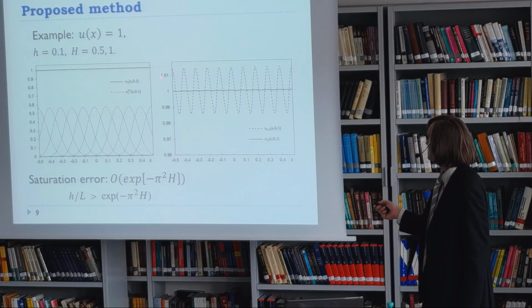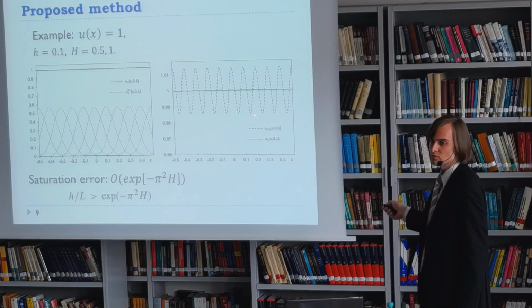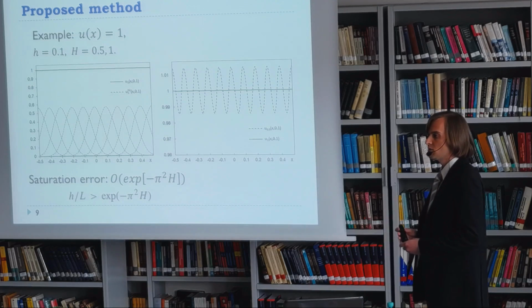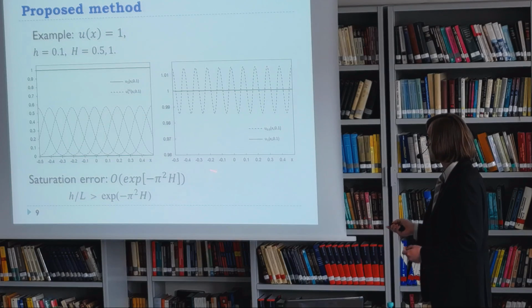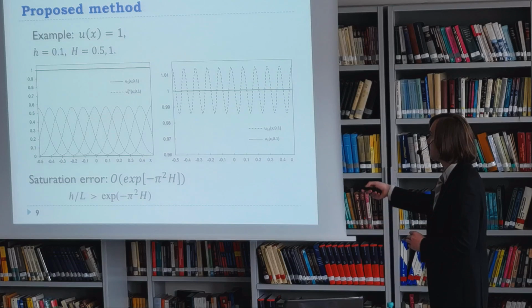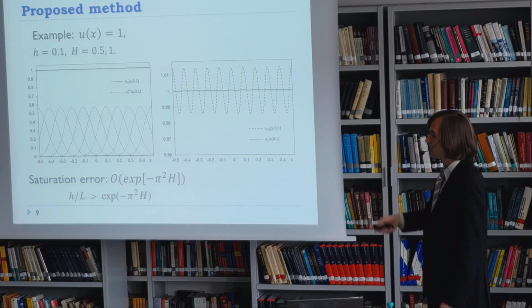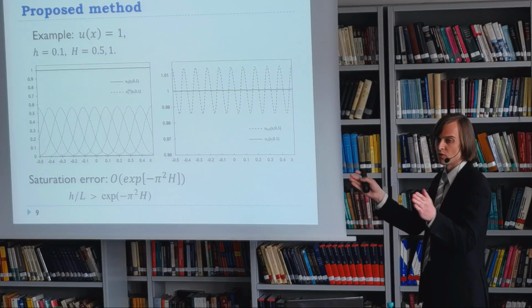But what happens if we zoom in to this 1? We may see that this Gaussian function would oscillate. Our solution would oscillate. Why would it be? This is because there is an error called saturation error, as Mazia called it, that wouldn't disappear, no matter how many nodes we take, how small we take this step h. h in our case would be the step of our node grid.